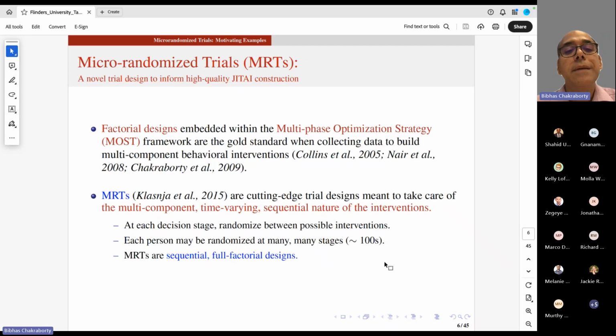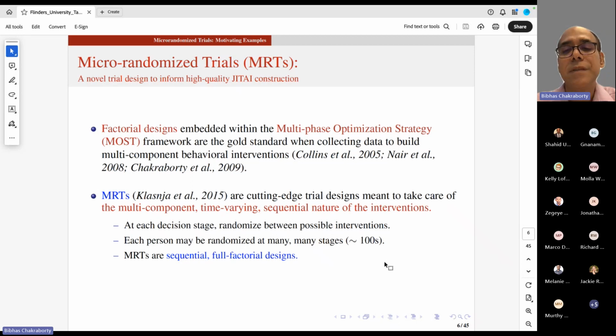However, micro-randomization involves a bit more than that. In a way, these are sequential full factorial designs. If you have multiple factors, but not just that, you are also randomizing people again and again, because in order to build just-in-time adaptive interventions, you have to test out the different components of these nudges many times. So these involve many decision stages, and you randomize between possible intervention options.